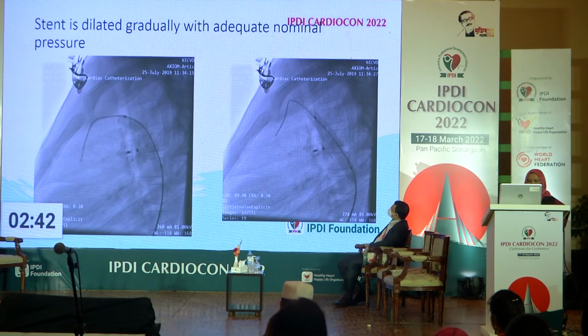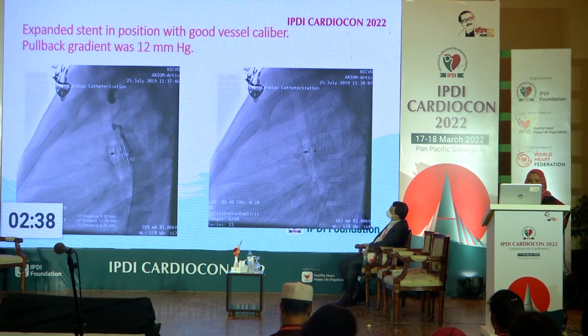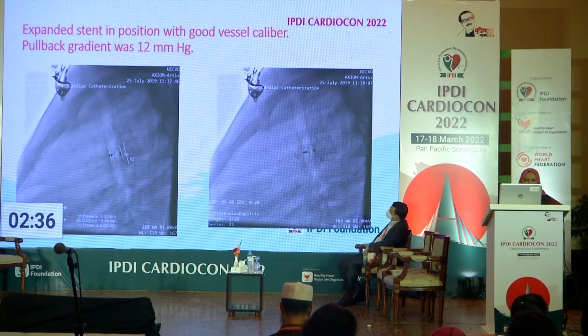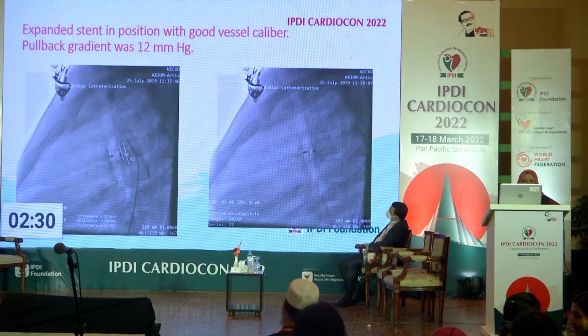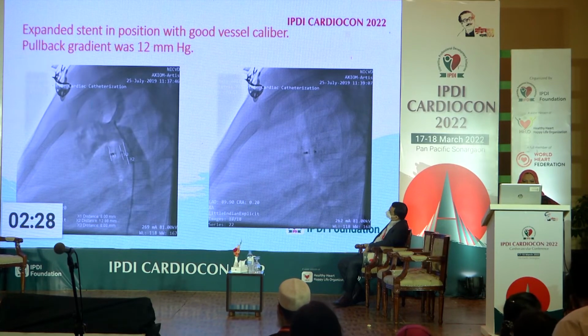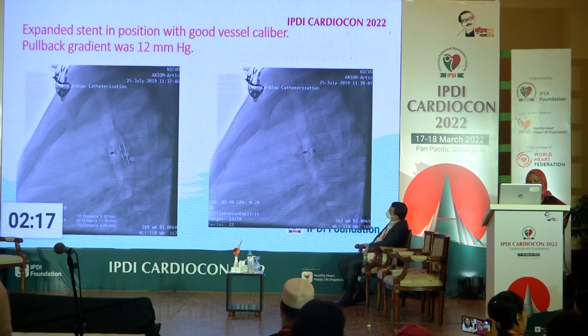Then we removed the balloon and wire, and we can see here that there is a good position of the expanded stent with good vessel caliber, and there is increased flow through this narrow segment, and pull-back pressure was measured. It was about 12 millimeter of mercury.